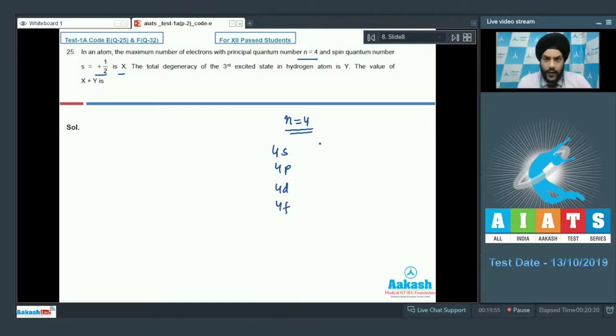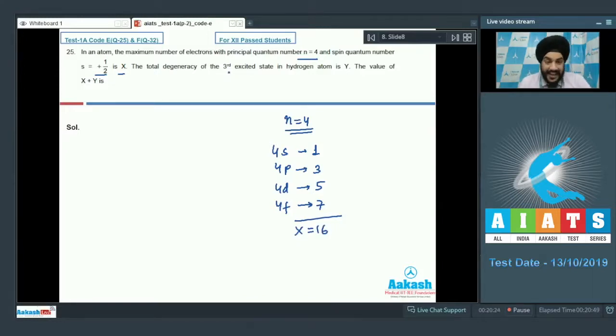So 4s is going to have one electron which has a spin quantum number equal to plus half. Similarly, p has 3 orbitals. Those 3 orbitals can accommodate a maximum of 6 electrons, but we need only those electrons which have s equal to plus half. So again, there will be 3. Similarly, for d there will be 5 and for f there will be 7. So if we talk about the total value, the value of x will come out to be equal to 16.